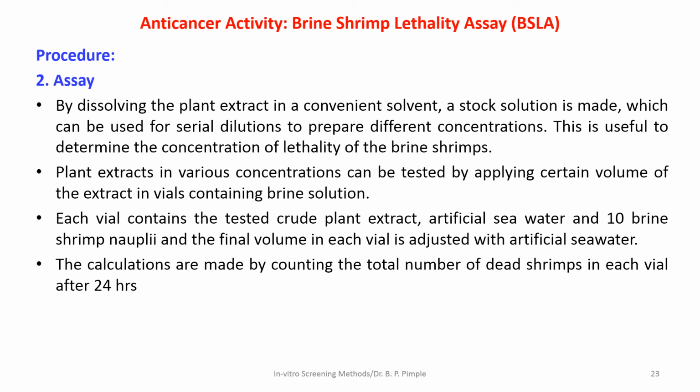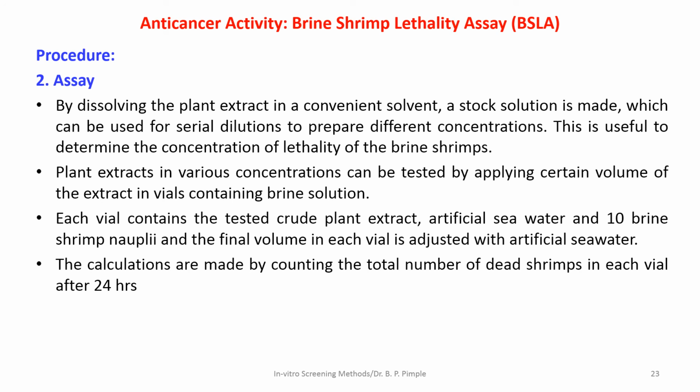But methanol and ethanol are toxic solvents. They themselves have toxicity. So instead of these alcohols, another solvent should be preferred. Or alternatively, the isolated phytoconstituent can be converted into a salt and then dissolved in water.